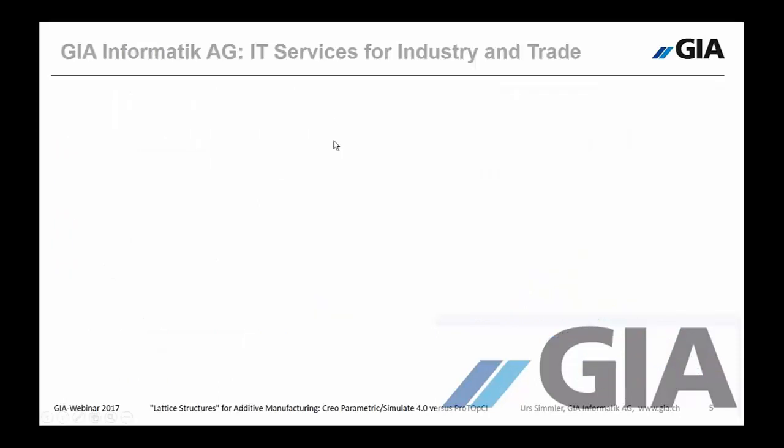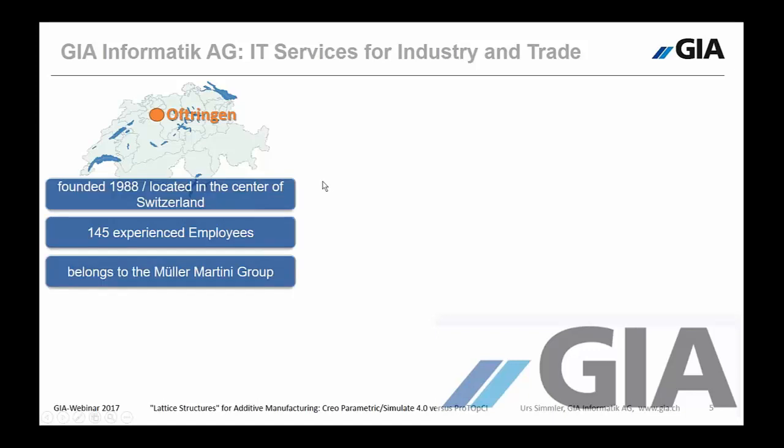Right now I'm working for a company called GIA Informatik AG, so don't be afraid, there is no C, that's a G. GIA Informatik is located in the middle of Switzerland. We were founded in 1988, and in the middle of Switzerland means here the yellow point is Zurich, the blue point is Basel, and the green point is our capital, Bern. So we're in the middle of our country.